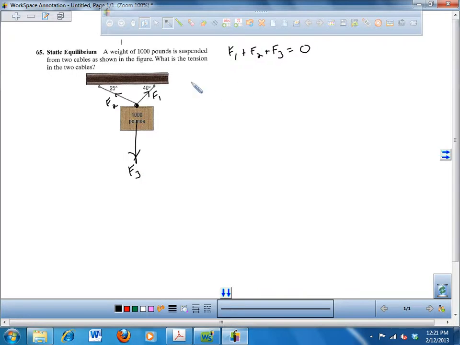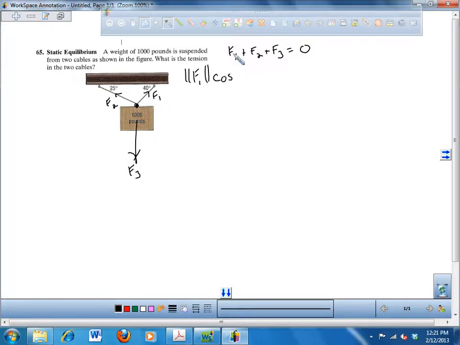So another way to write this is that the magnitude of force 1, meaning how much, because this is a force vector, so it's got magnitude and direction, but the magnitude of that, whatever tension is on that cable, is equal to the magnitude of this times the cosine.